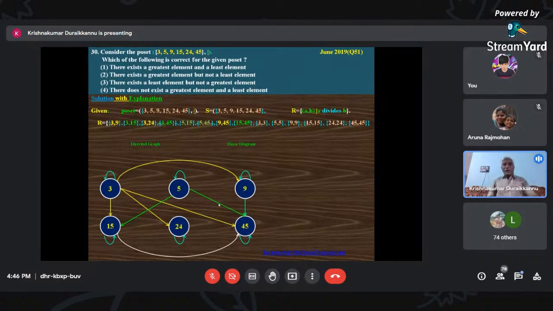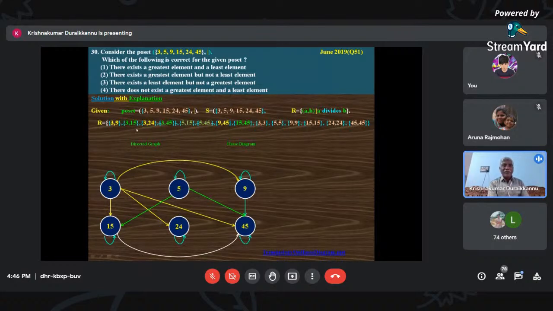Now you have to eliminate. For example, listen here. The Hasse diagram tells us: suppose (3, 15) is there, 3 divides 15, and 15 divides 45. So there is no direct link from 3 to 45.